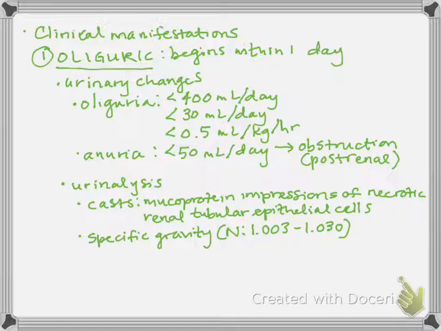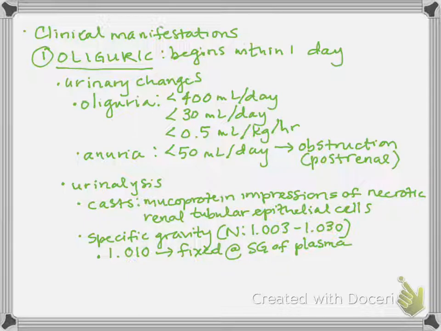Now in the oliguric phase, it's not that their specific gravity is abnormal. It's actually that it's fixed at the specific gravity of plasma. So this is letting you know that plasma is coming out unchanged from the kidneys.